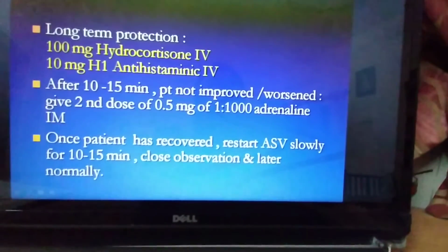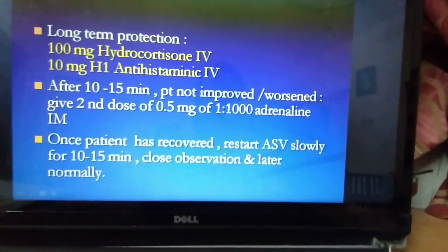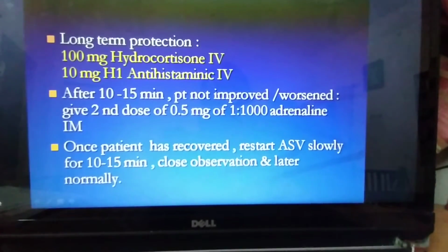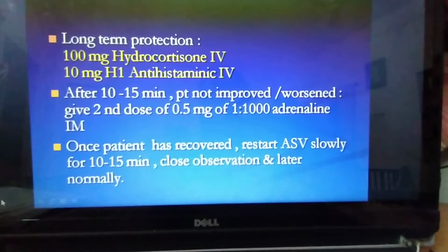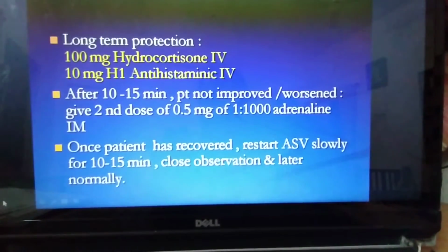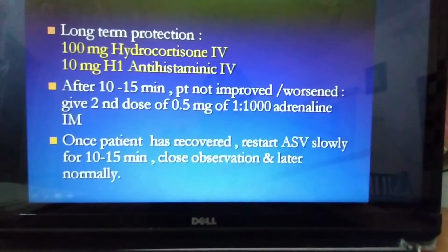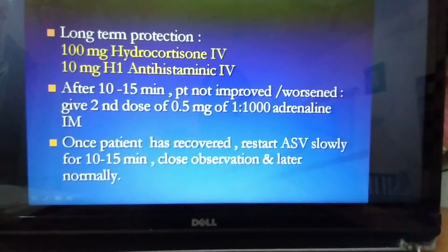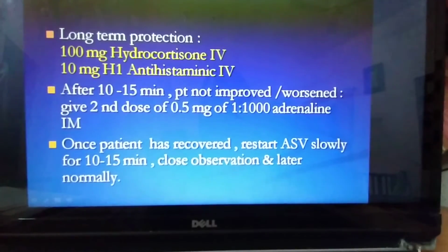Check the patient again after 10 to 15 minutes. If the patient has not improved and is worsening, give a second dose of 0.5 mg adrenaline intramuscularly. Start anti-snake venom again only when the patient has recovered.